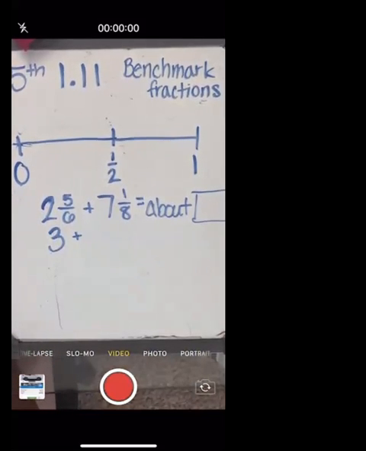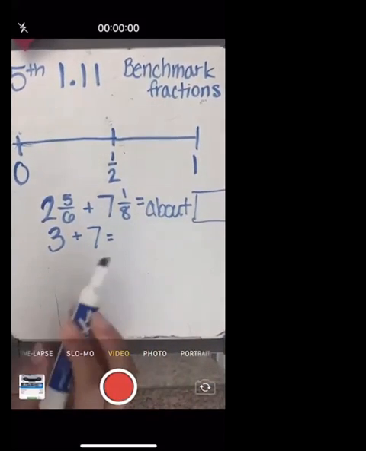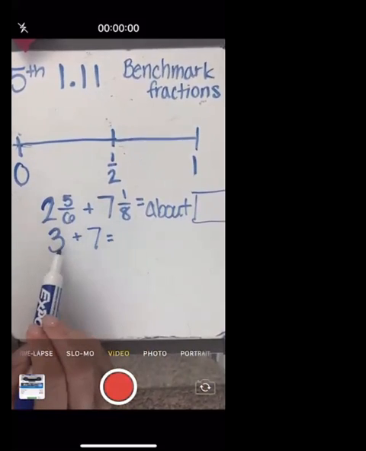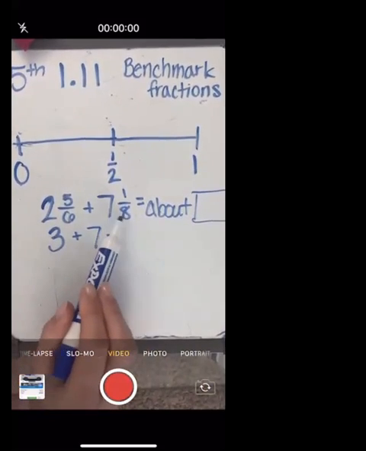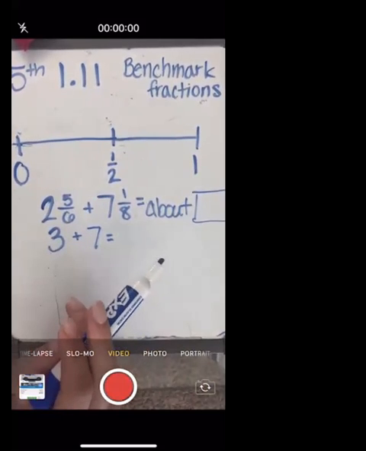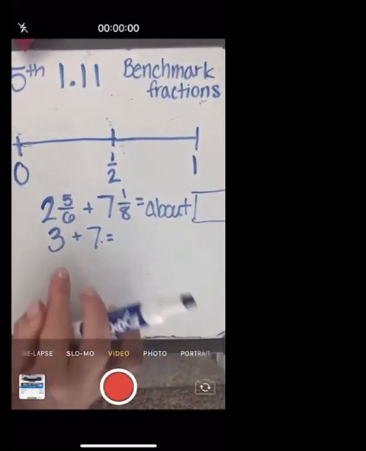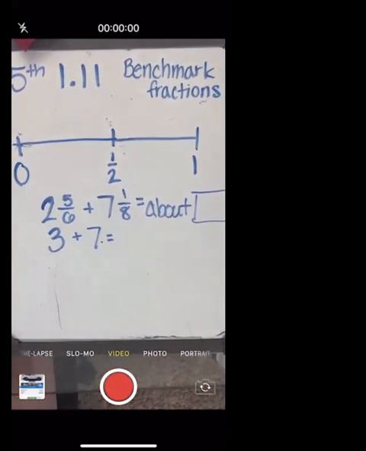The other one, 7 and 1/8, is about 7. I like how you use the word about. So Asher's decided that 2 and 5/6 is close to 3. Yeah, and that's what I got. Okay. Now Bella B, what would a reasonable answer be now that we've found our friendly numbers?